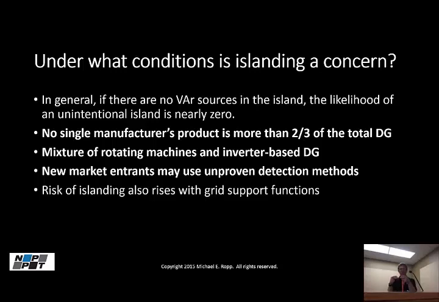So 1547 and 1741 are closely linked. 1741 includes an anti-islanding test. So if you've got just one manufacturer's product, even if it is a new market entrant, if it's UL listed, probably going to be okay. Because again, with single manufacturer's products, as long as there's anti-islanding in it that works at all, probably going to be all right with the way modern anti-islanding is. But if you've got any of those with existing inverters, you got to find out what's going on with the island detection.